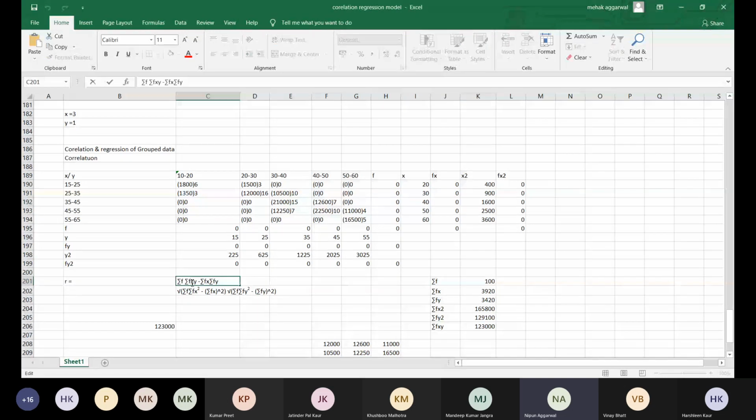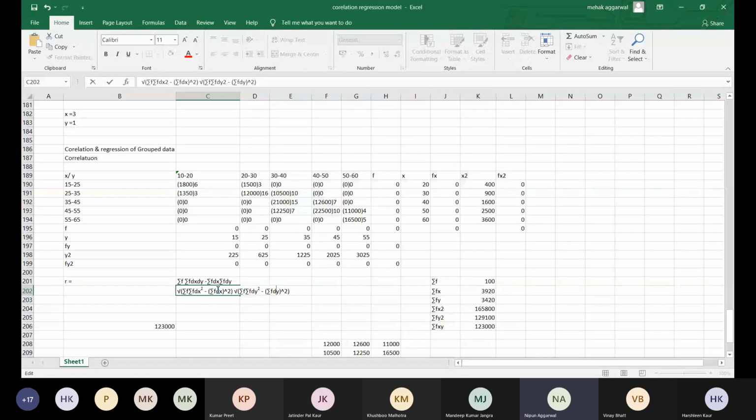So the formula becomes summation f dx dy minus summation f dx summation f dy, over the root of summation f into summation f dx square minus summation f dx whole square, into summation f into summation f dy square minus summation f dy whole square. So that becomes the formula.